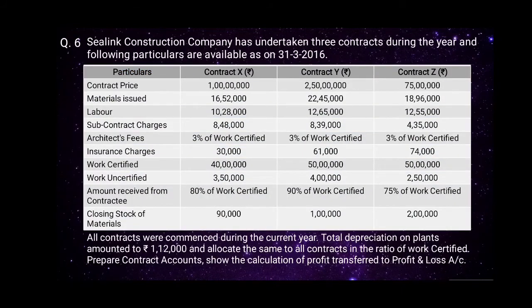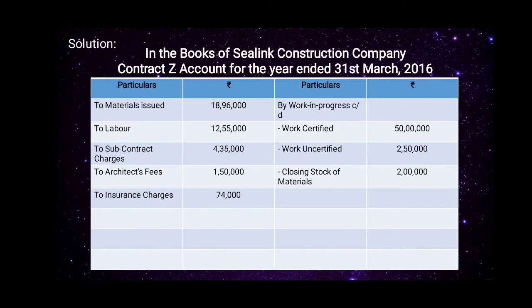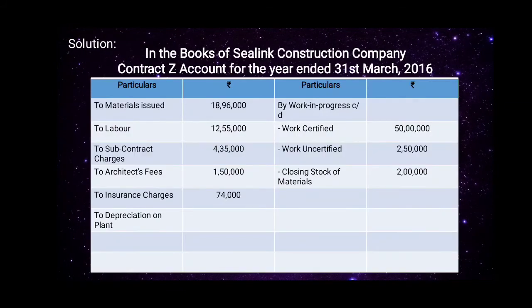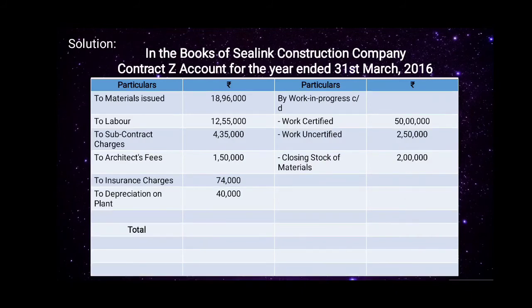Now let us calculate the amount of depreciation. Depreciation on plant we had calculated earlier. For contract Z, it will be equal to rupees 8,000 into the ratio of contract Z, which is 5, which is equal to rupees 40,000. So we'll record it to depreciation on plant, rupees 40,000. Now let us take the total of both the sides, which will be 54,50,000 on the debit and on the credit side.